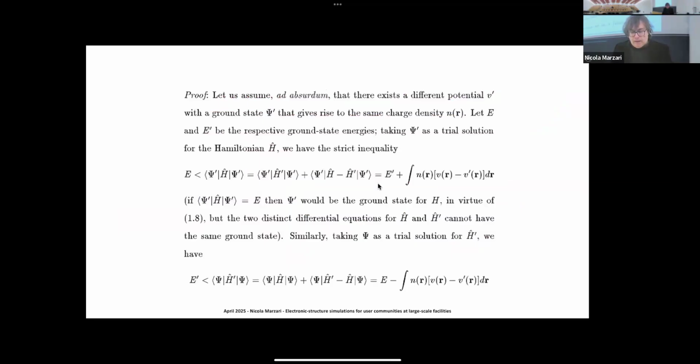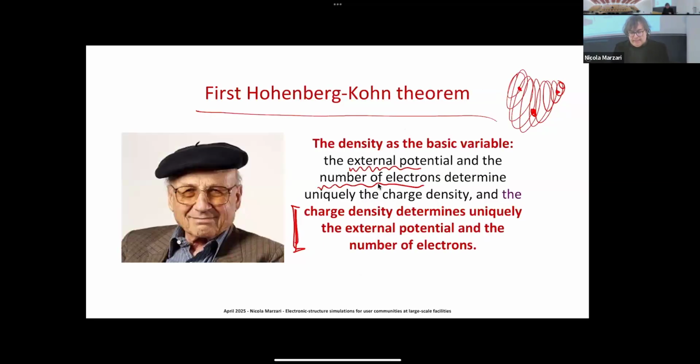What is really powerful is that now we can think not anymore a la Schrödinger, where we have an external potential and we need to find the wave function. We don't start from the potential and the number of electrons as the fundamental variable, but because there is a one-to-one correspondence, we start from the charge density of the ground state.